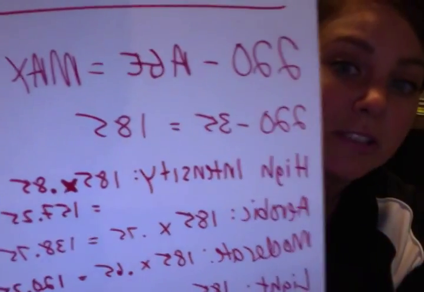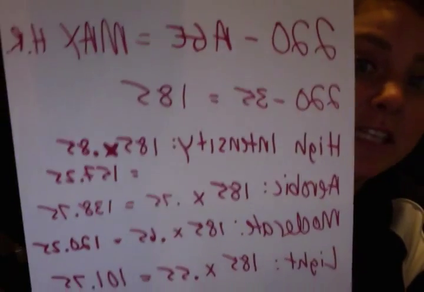So I did the examples here. For the high intensity example, if your max heart rate is 185 times 0.85, that's a high intensity interval, and around 157 is where your heart rate is going to get up to.